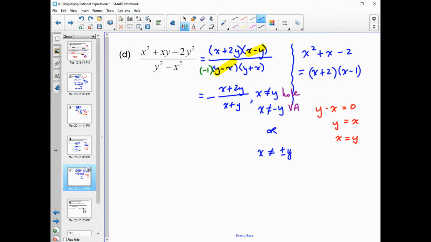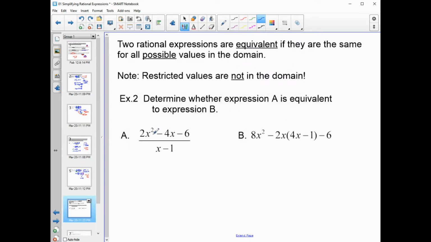And for what I believe is our last example now, in the process of simplifying these things, you may end up with two expressions that look the same. But one expression or both expressions might have some sort of restrictions. We determine that two rational expressions are equivalent if they look the same so long as you don't go over the restrictions.